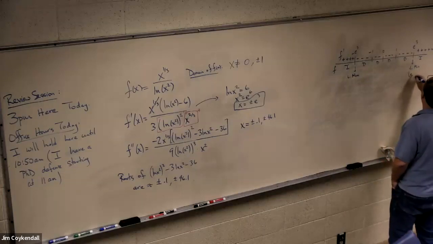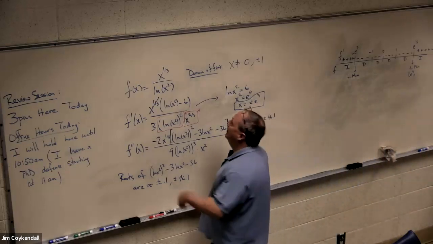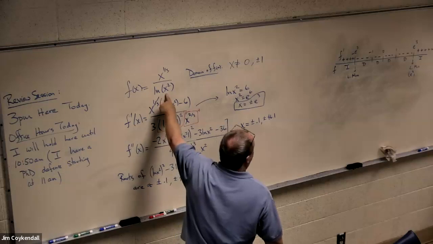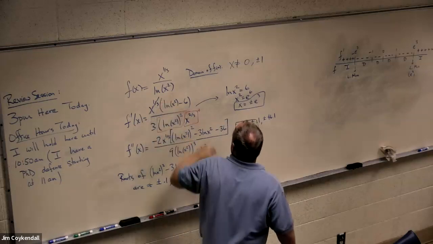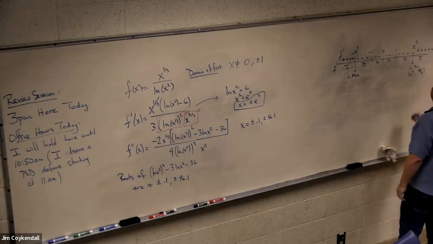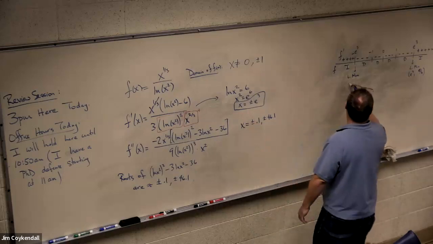This one is E cubed, or whatever I give them. This should be E on the top, and this should be 6. So this should be something like that: E over 6, and this should be minus E over 6.